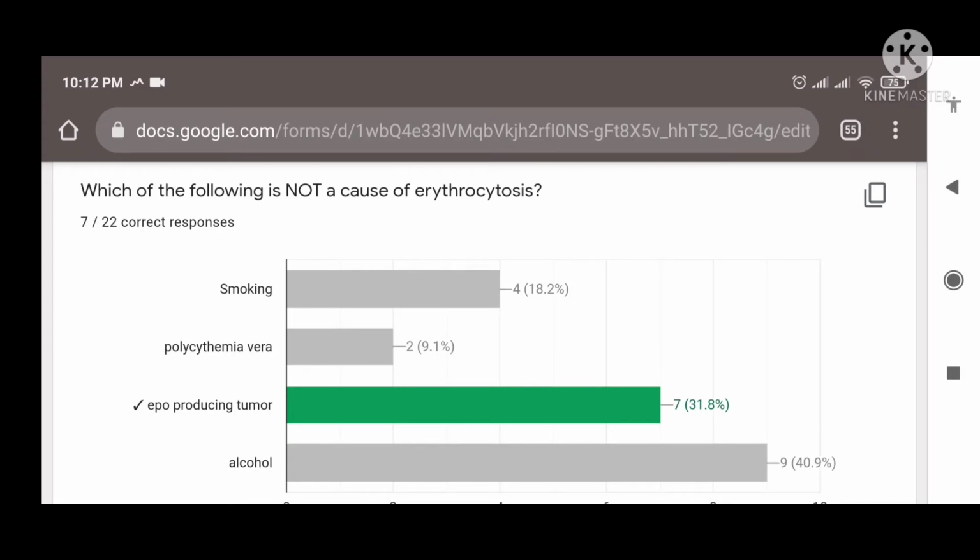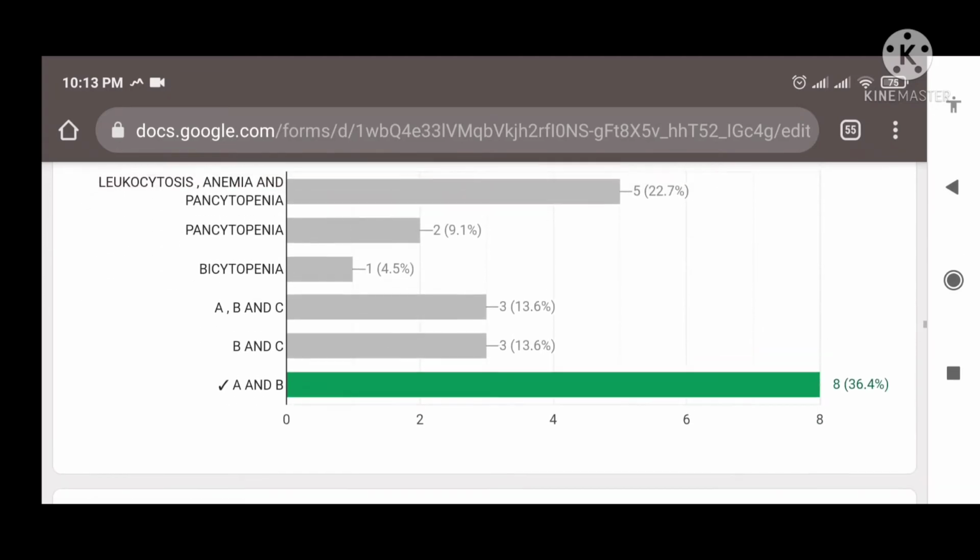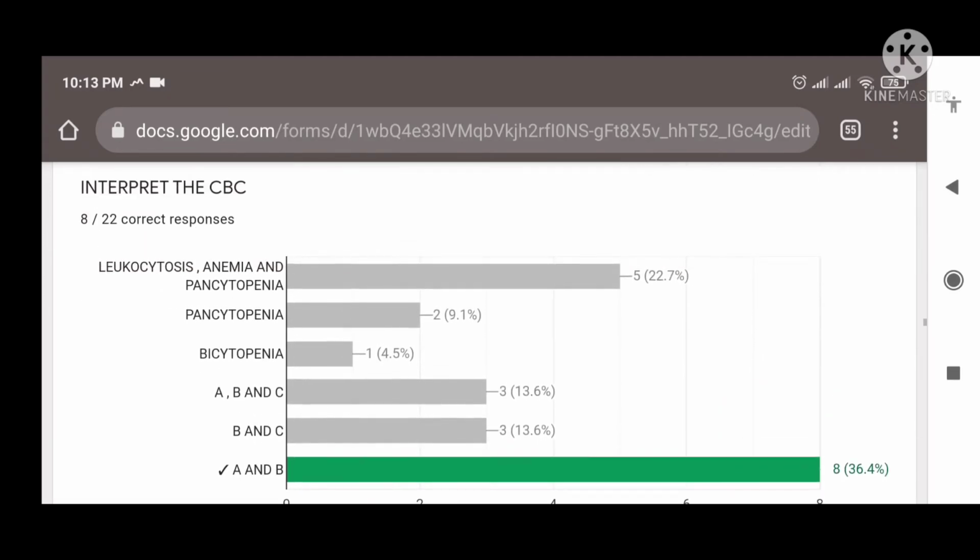The right answer is EPO producing tumor, and the other three are causes of erythrocytosis. Erythrocytosis means an increase in erythrocytes, and smoking, PV and alcohol ultimately cause erythrocytosis.